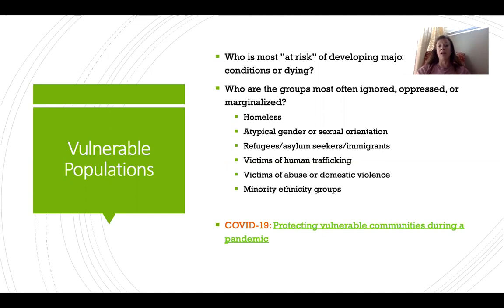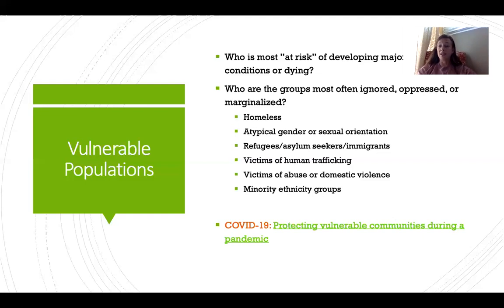Victims of human trafficking. So every single one of these groups that I have listed here are topics that we cover in my senior class. We talk about victims of human trafficking and how they are an unknown group, but it's a large group of people who come through our healthcare system but are not being assessed for their human trafficking needs and given a way to get out of that system.